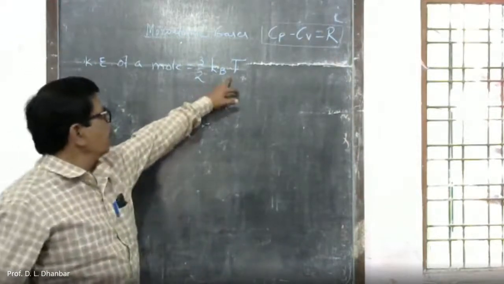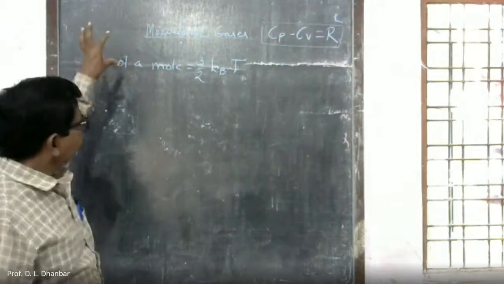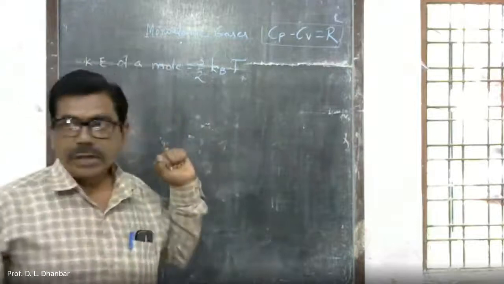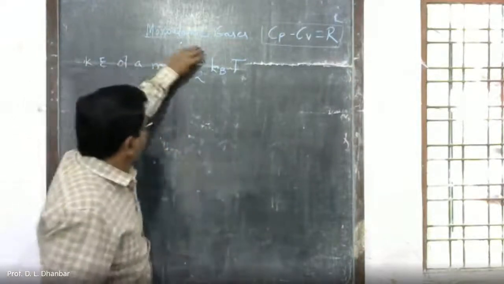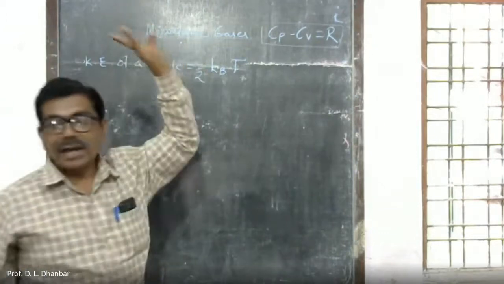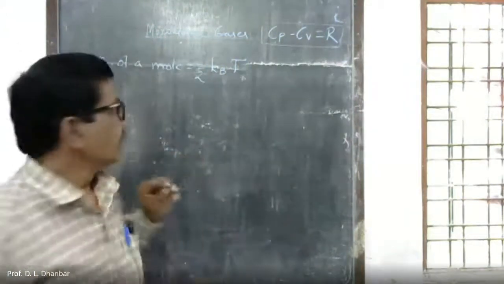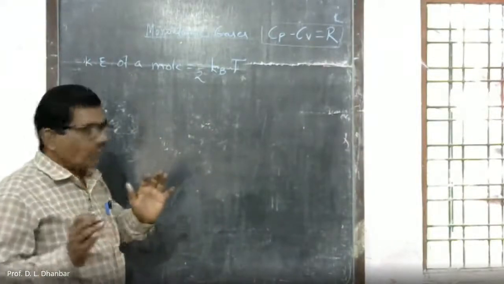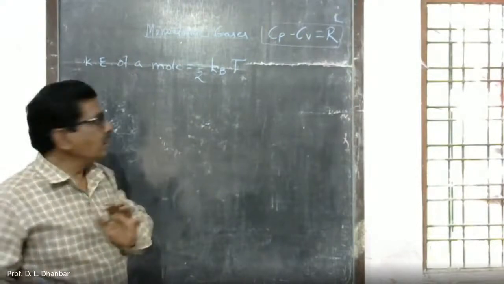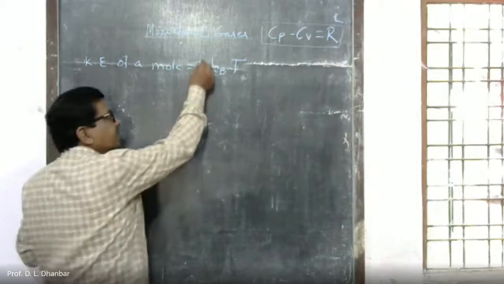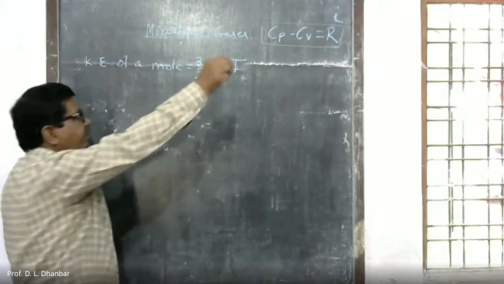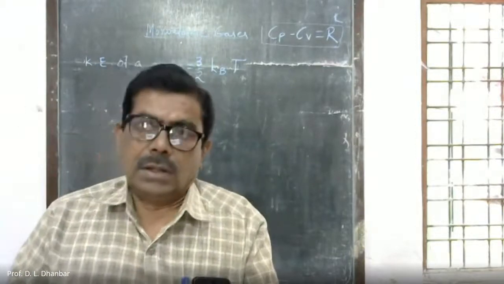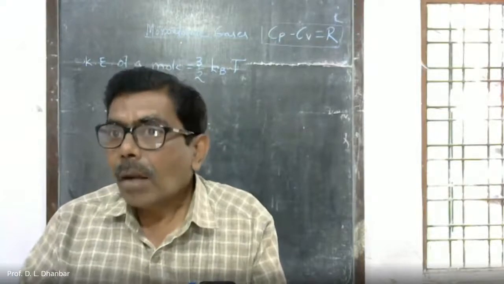Actually, it is 1 by 2 kB into T, but as there are 3 degrees of freedom, and each coordinate is responsible for 1 by 2 kB into T as far as kinetic energy is concerned, you write it as 3 by 2 kB into T. So this is the kinetic energy of an atom.